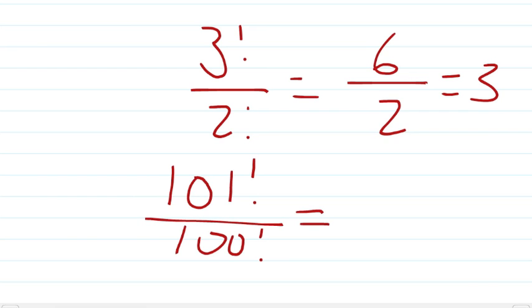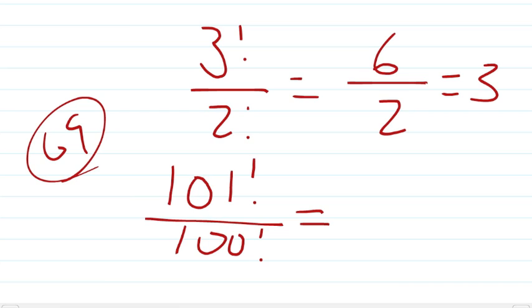Now, if you ask your TI-80 whatever to do 101 factorial, what does it do? Yeah, it gives you an error for anything bigger than 69. That's the limit of what you can do for factorials on your calculator. So for something like this, you don't have any choice except to expand it and divide the common terms.